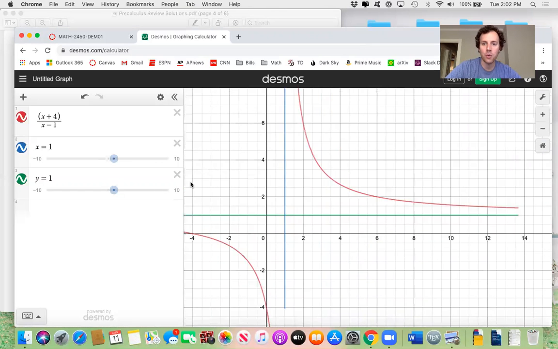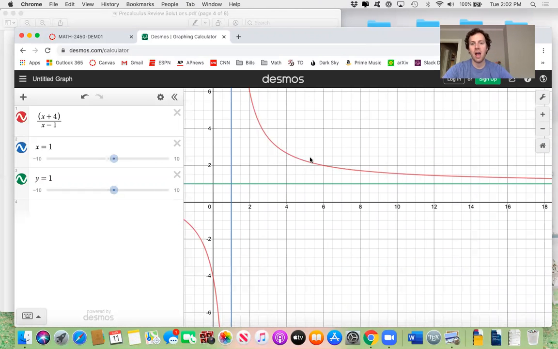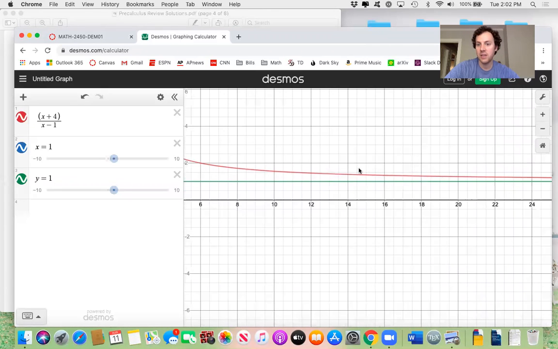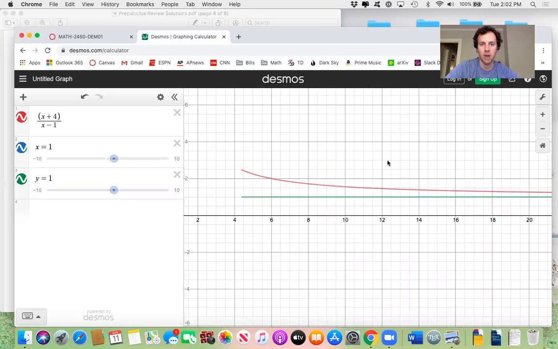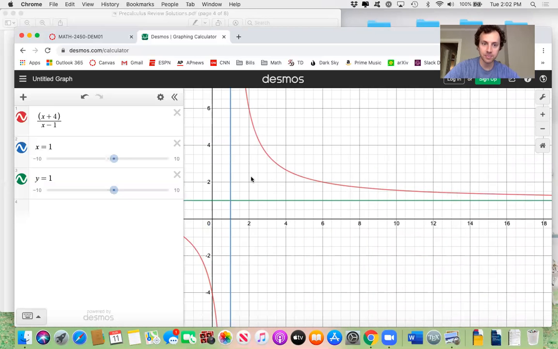And the same thing over here. This part of the graph keeps getting smaller and smaller, closer and closer to 1. So if you're at a height a little bigger than 1, if you go far enough out on the graph, you're going to be the height of some point on the graph, but 1 isn't.